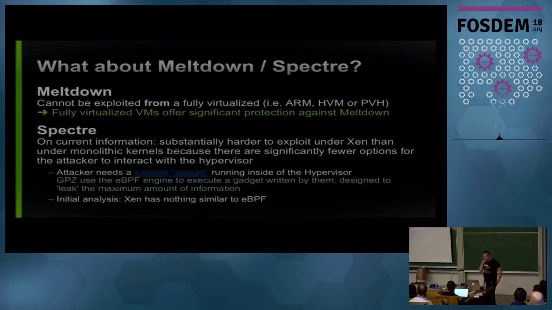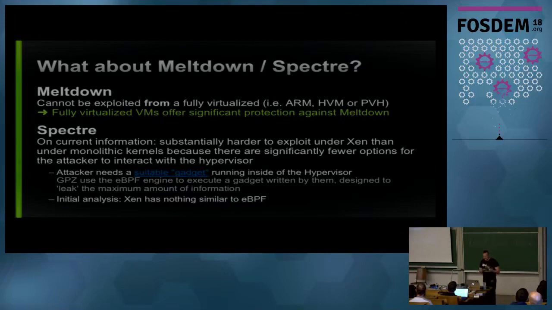Spectre is a lot more interesting. We started going through the code base manually. Hopefully at some point tools like Coverity will help us find the gadgets and code patterns which could be used to exploit those vulnerabilities. But it's a lot harder to go down this route in a Xen-based system, because to exploit Spectre, you need something called a gadget.